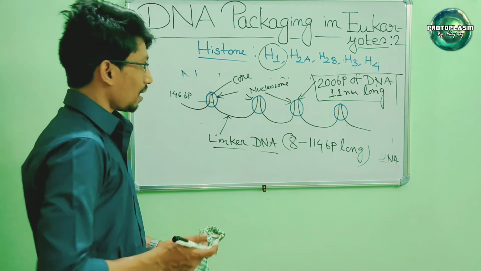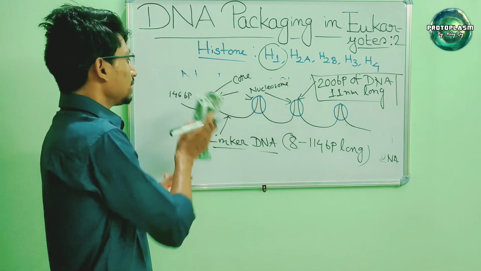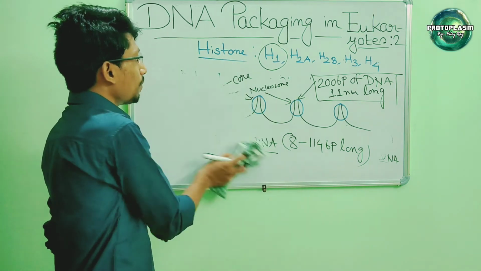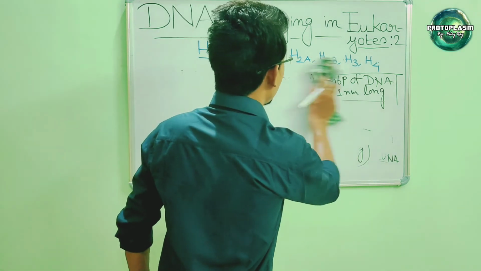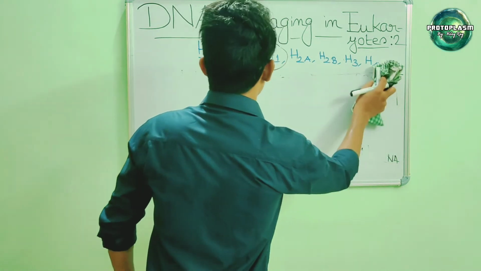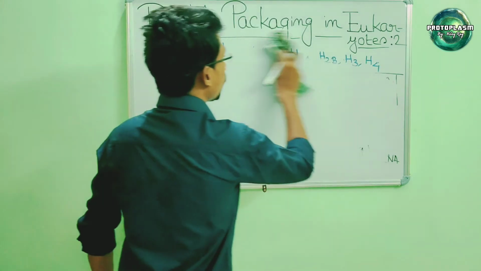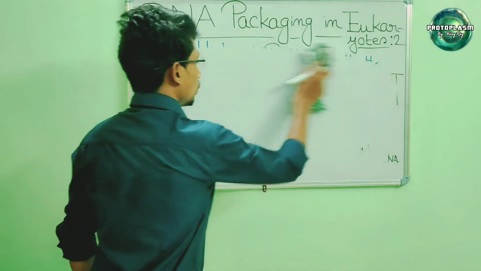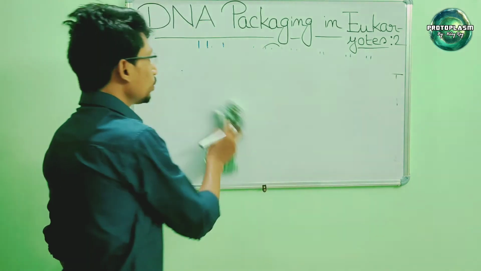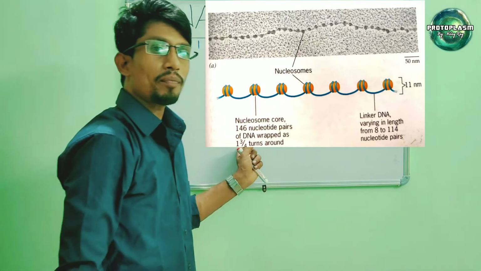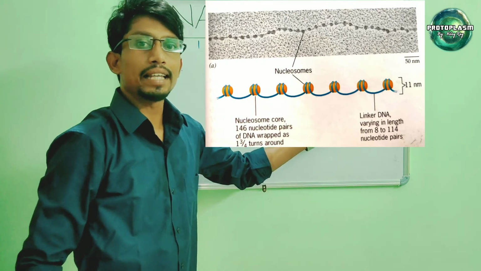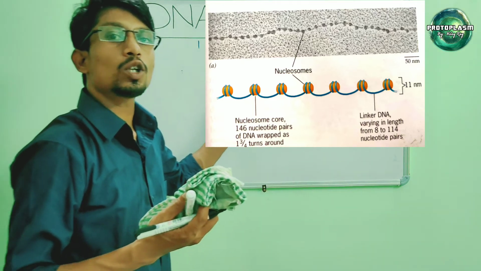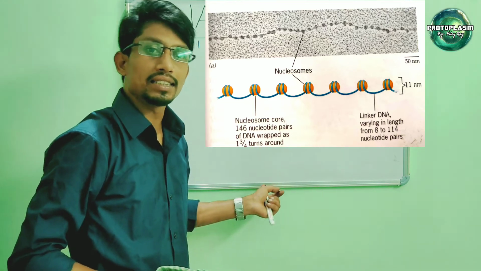As I erase this, you can see here the diagram of the nucleosome core and the electron microscopic imaging of the histone proteins joined together. Here you can see an electron microscopic image of the nucleosomes with a beads on a string appearance.